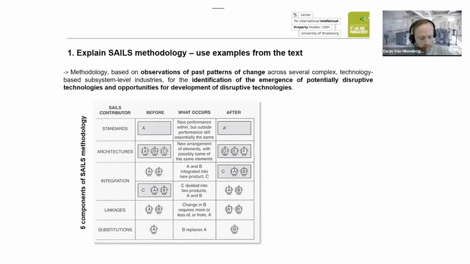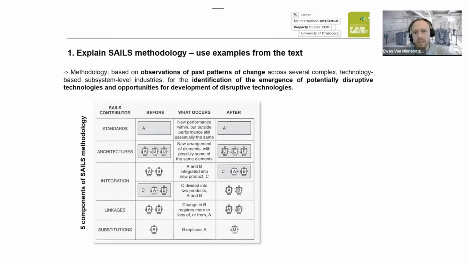However, where we have to also take into account potentially disruptive changes, then it becomes much more difficult. But still, we want to find a mechanism that will help us to also keep into account these potential disruptions that might come. And that's where the sales methodology could be used.